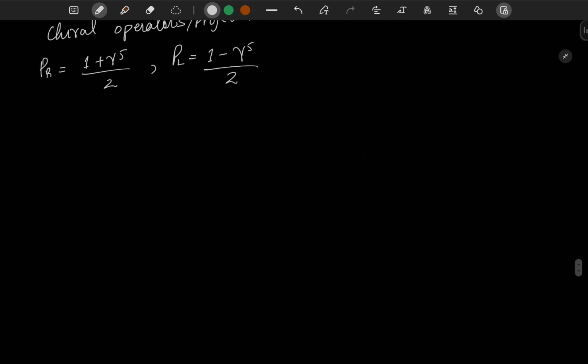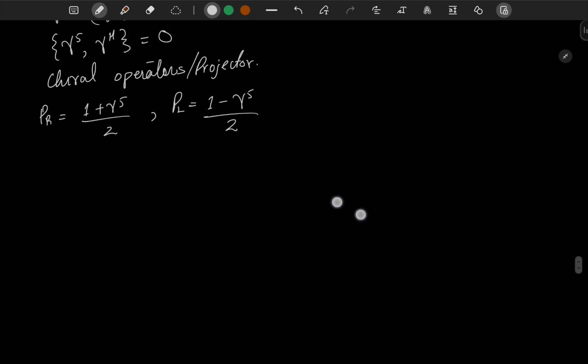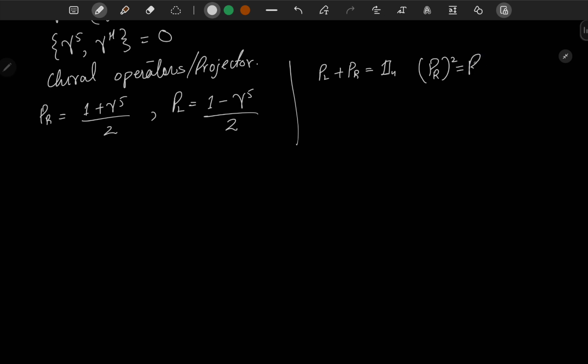These projectors satisfy the following properties. If you add PL and PR, you get unity, and if you square PR, you get PR back.